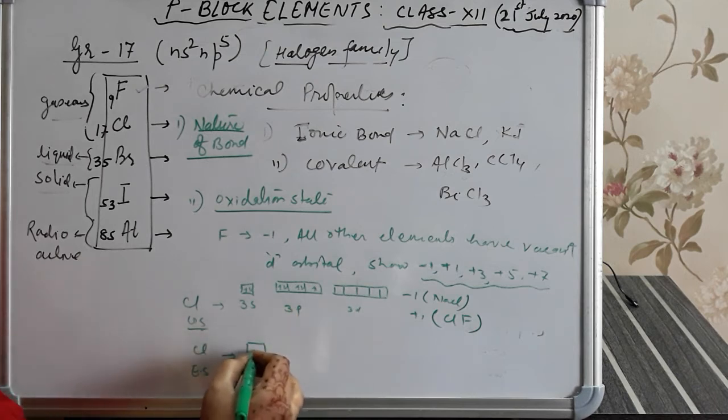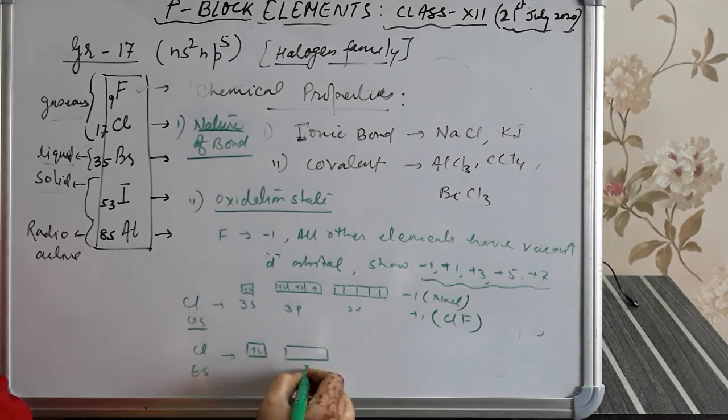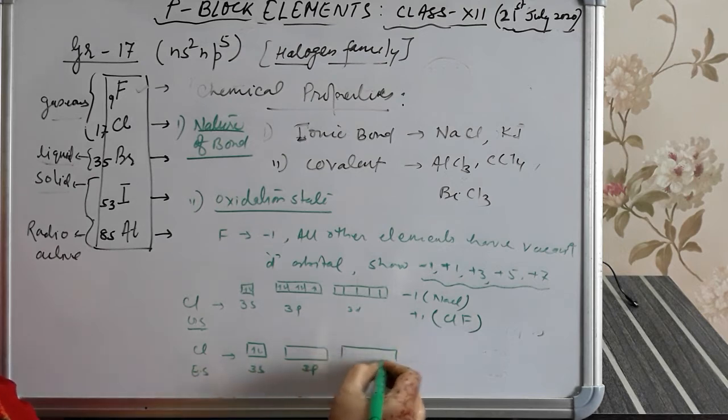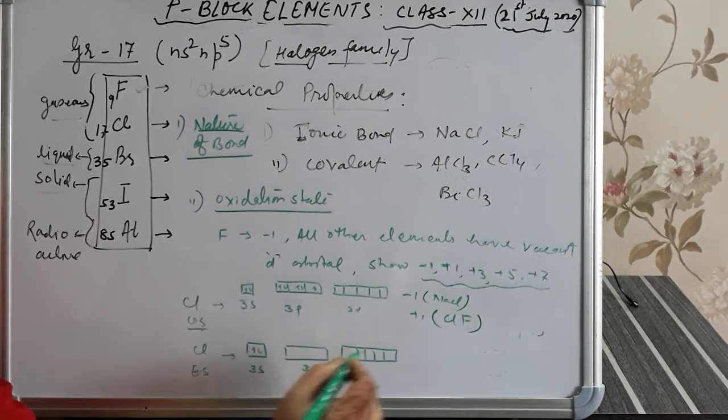So write down the configuration: 3s2, 3p and 3d orbitals, 1, 2, 3, 4 and 5. Students, the electron goes into the d orbital.